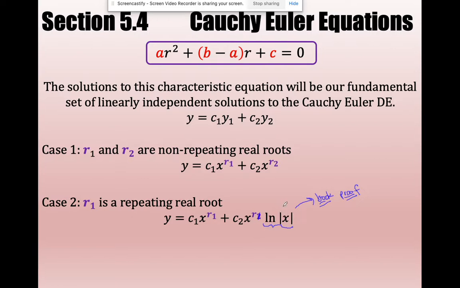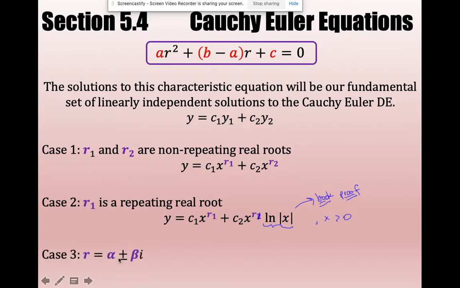Oftentimes you'll notice that your book doesn't use absolute value, just drops it and says, by the way, x is always greater than 0. So I'm letting x be, well, not 0, but I'm letting it be negative if I keep the absolute value. I just don't want you to be thrown when you don't see absolute value, but you see that.